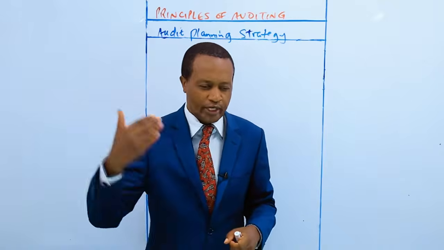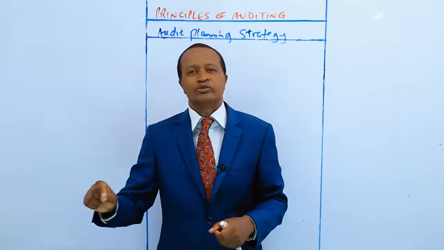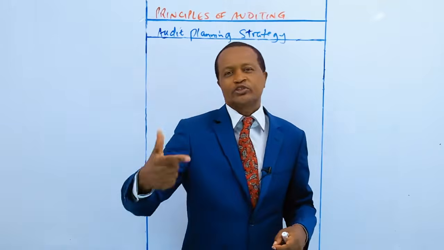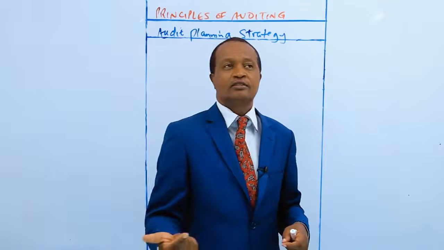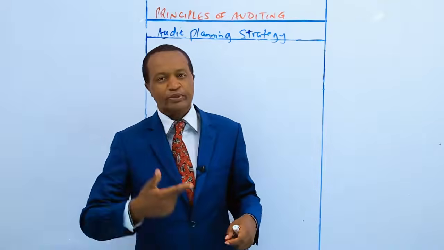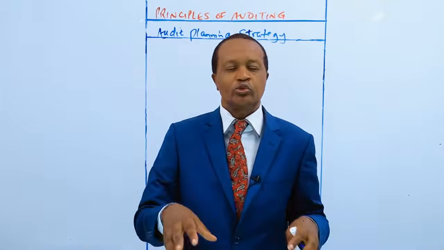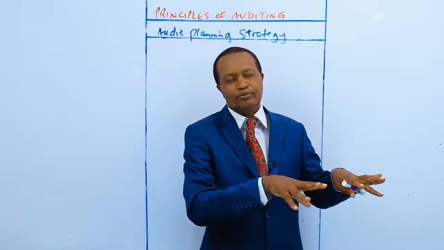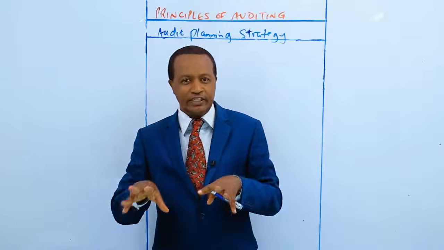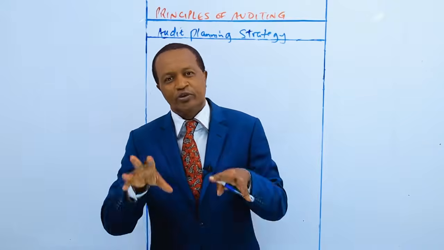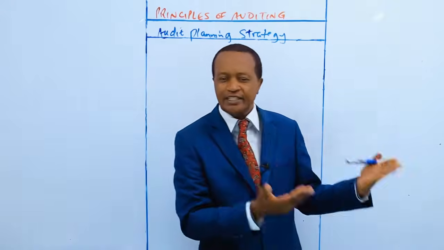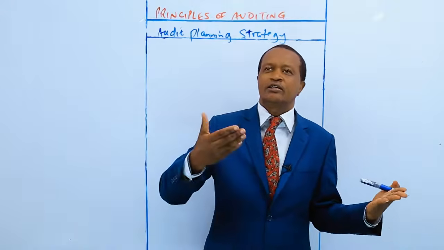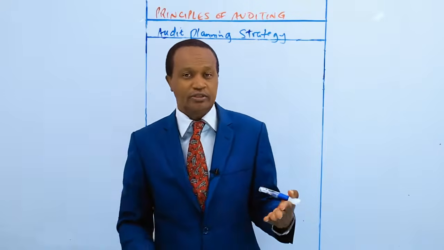An auditor is required to express an opinion on the financial statements of an entity. For the auditor to express an opinion, the auditor is required to gather appropriate, sufficient evidence. Before then, the audit has to have a plan on how the work is to be carried out.